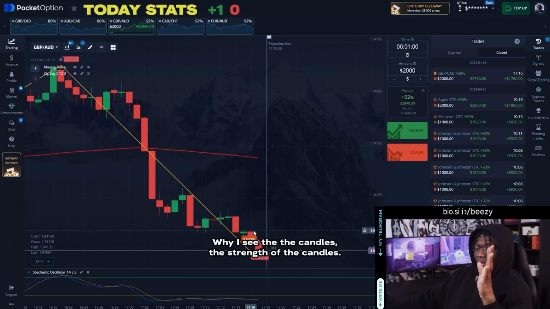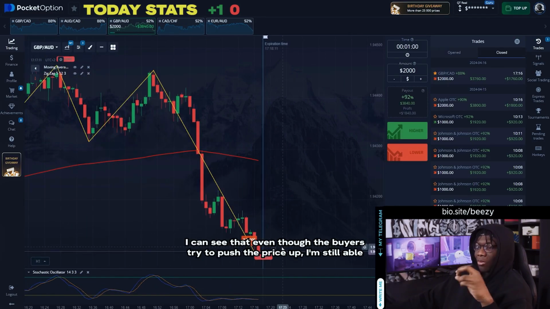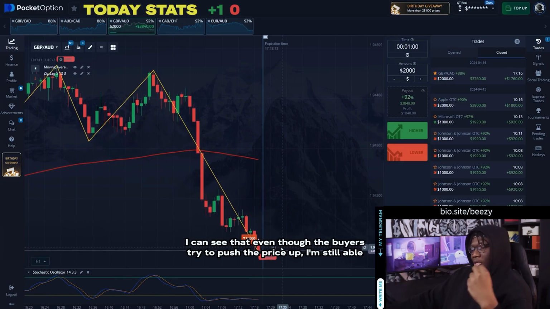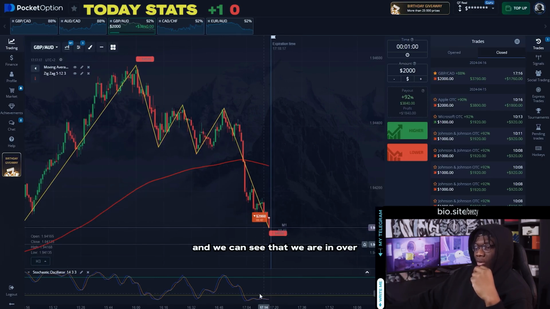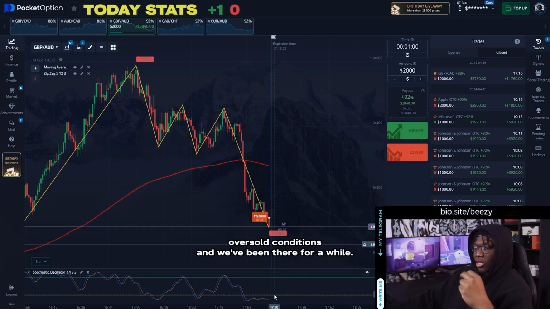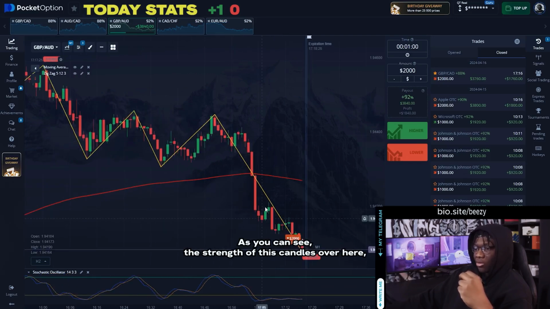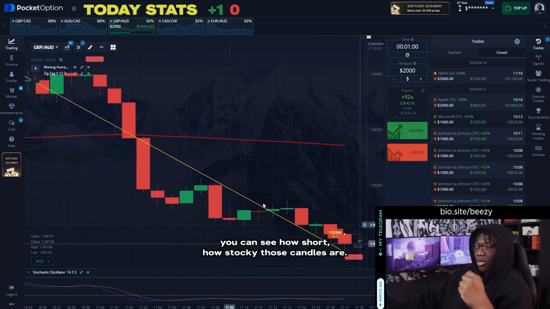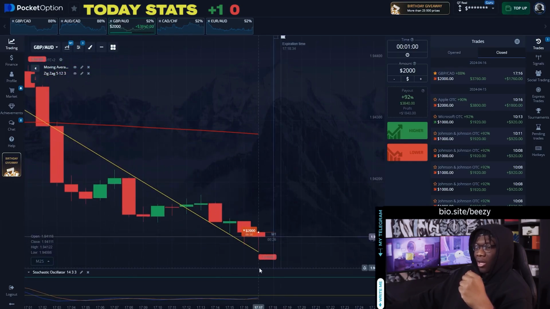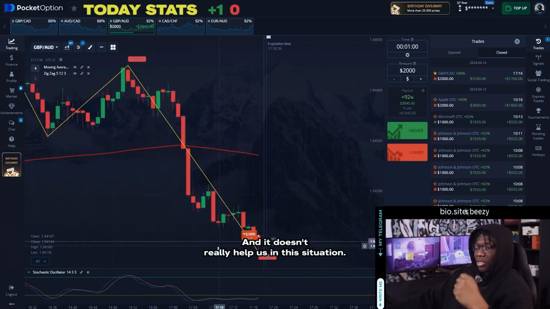Why? I see the strength of the candles. Even though the buyers try to push the price up, I'm still able to see that the sellers are pushing strong. And we can see that we are in oversold conditions, and we've been there for a while. As you can see, the strength of these candles over here, even though you see a little bit of buyers trying to rally and push that price up, you can see how short and stocky those candles are, and it doesn't really help us in this situation.